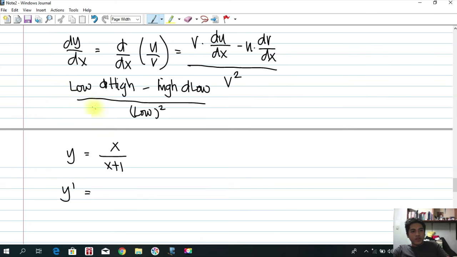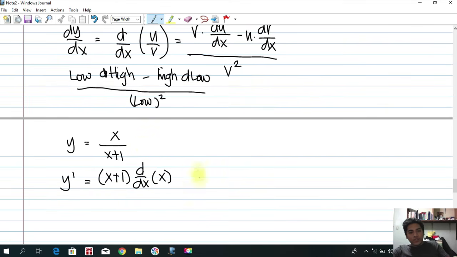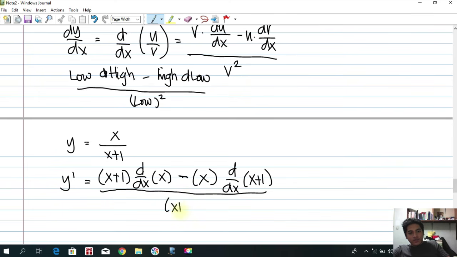Low, the denominator, times the derivative of the high, which is the numerator, minus copy the high, which is the numerator, times the derivative of low, which is x plus 1, divided by low squared, which is x plus 1 squared.